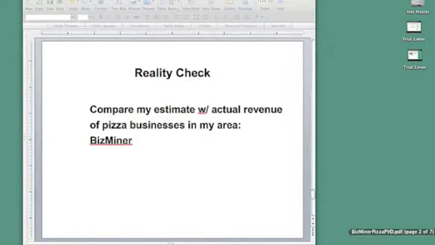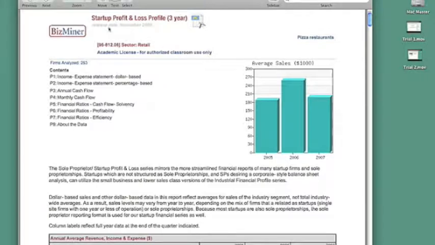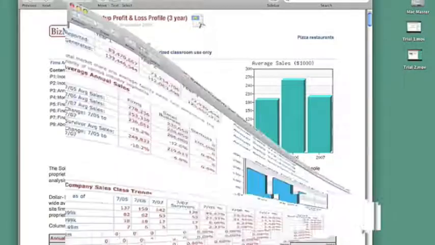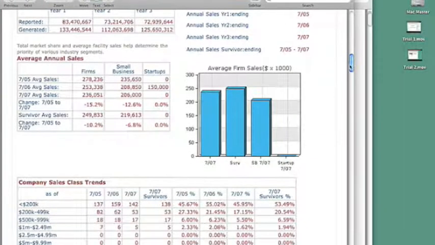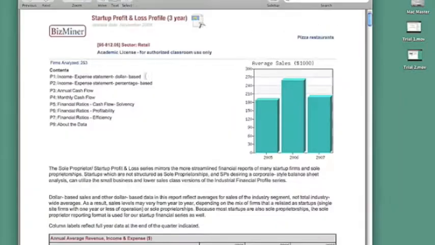Let's go back to this other one for just a second. This report is the local market research report for pizza businesses in the Providence, Fall River, Warwick, Rhode Island, Massachusetts area. So that's where I got the information about the one pizza business over 3 years that made $150,000 a year.